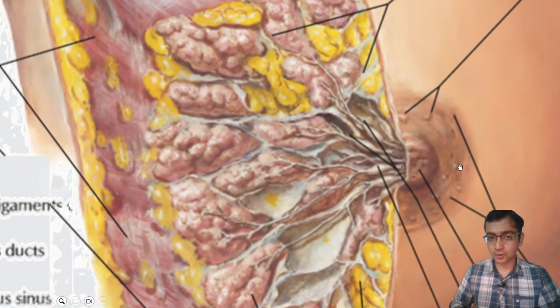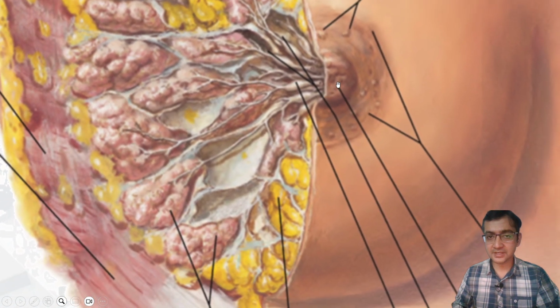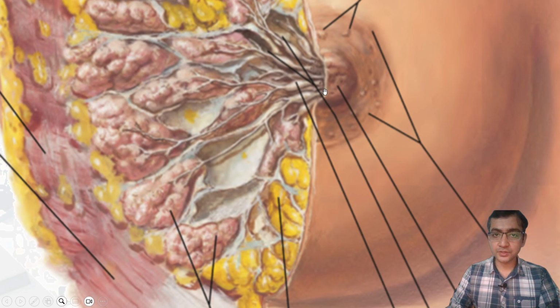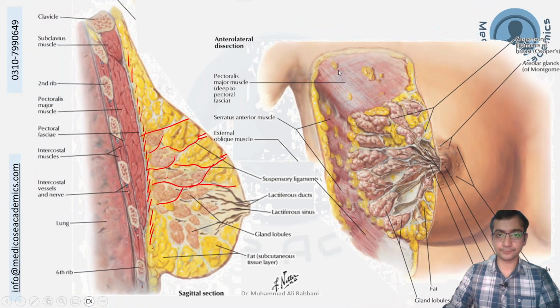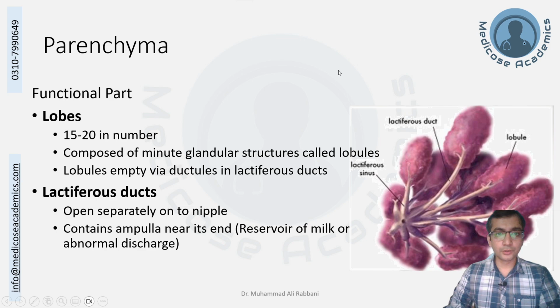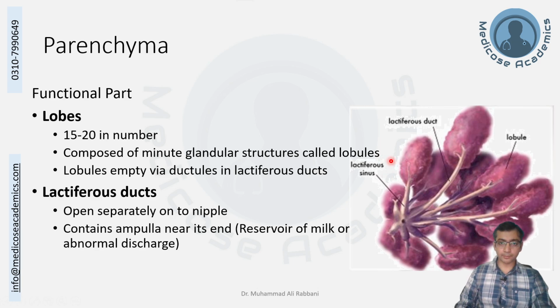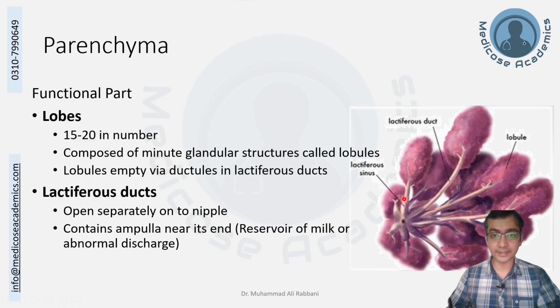The tip of the nipple does not have a single opening, it has 15 to 20 different openings for each of the different lobes, each of the different lactiferous sinuses. So the lobes, 15 to 20 in number, are made up of different lobules, and they empty via ductules into the lactiferous ducts, get together in lactiferous sinuses, and each lactiferous duct opens separately onto the nipple.